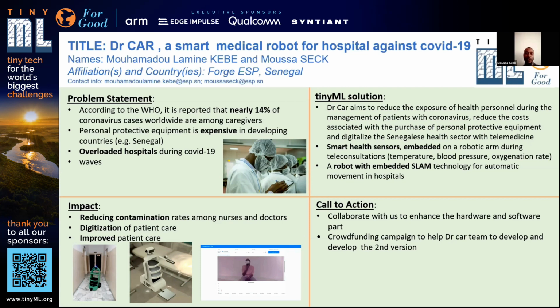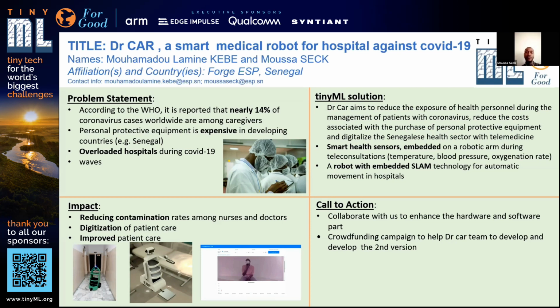We have also embedded a SLAM algorithm which can help the robot to move autonomously in the hospital. So our solution has some impacts. We help to reduce the contamination rates among users, among nurses and doctors. We also help to improve the digitization of patient care, and to improve the patient care.